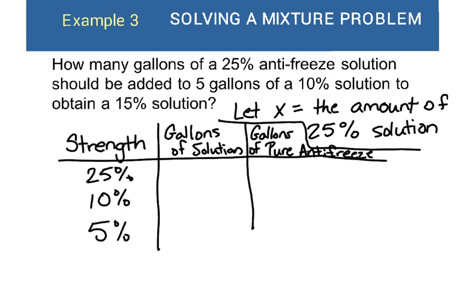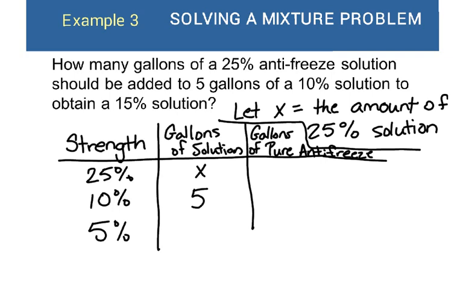And then we already said let x be the amount of 25% solution, so the amount means gallons of solution. That's going to be our x. We already know that we have 5 gallons of 10% solution, so let's write that down.